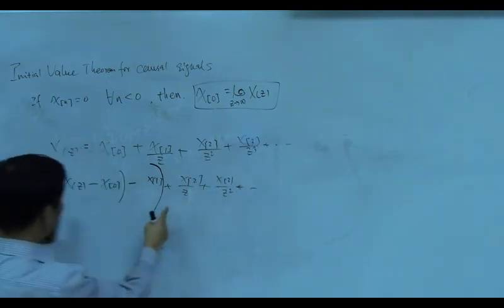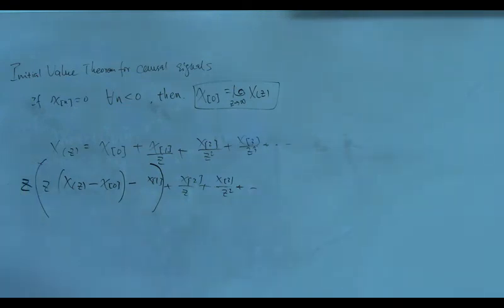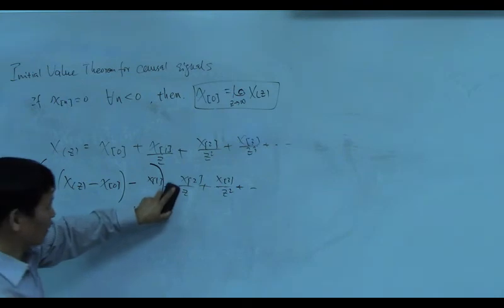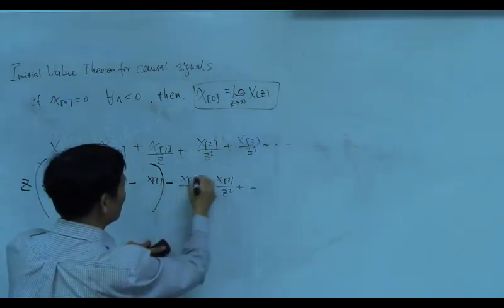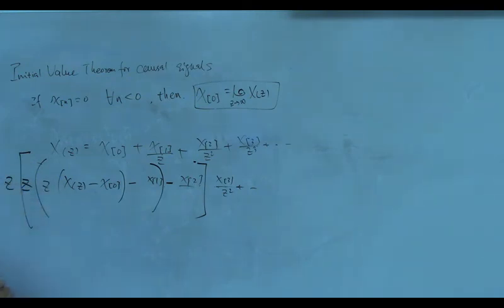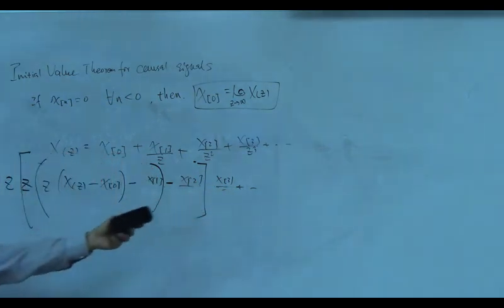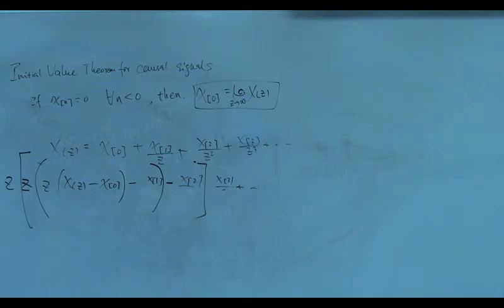So take the limit, and this part will be equal to x2. Once we get x2, we subtract this x2, then I have this, then multiply by z again, then take the limit, right? Then this whole part equals x3. So by this method, one by one, recursively we calculate x0, x1, x2, all values.